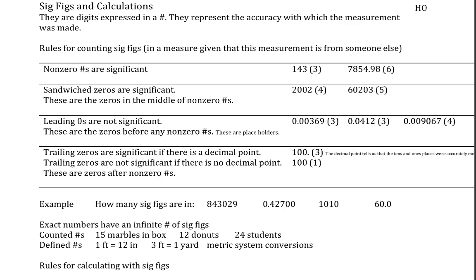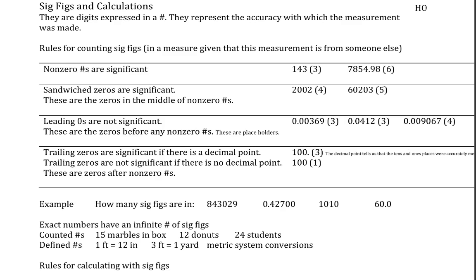So we report the value that we measure to that person. Now, the number of digits that we report in our measured quantity is a reflection of their accuracy.